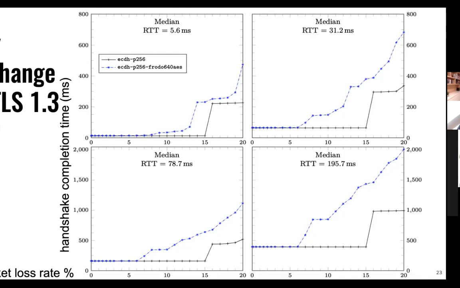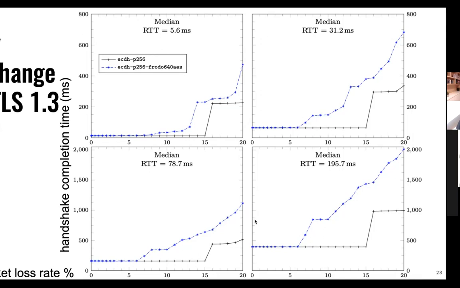And so around 7 to 10 to 13%, if you have 8 packets, there's a decent chance that one of these packets is going to have to be retransmitted. And as soon as you have a retransmission, then you have a whole other round trip. So that's why we see these jumps in Frodo compared to ECDH. And so we are seeing a significant impact from larger communication sizes.